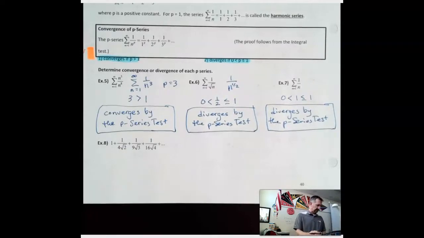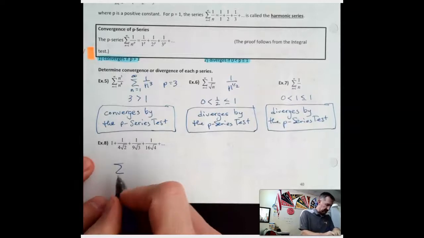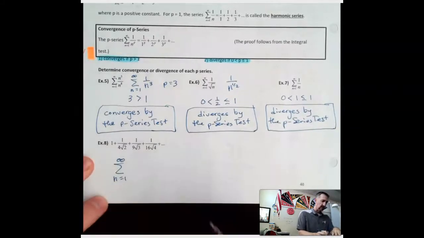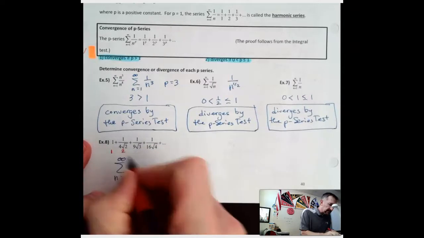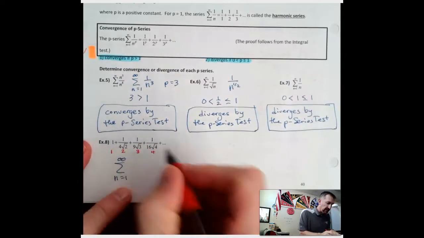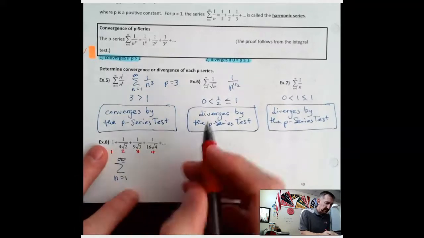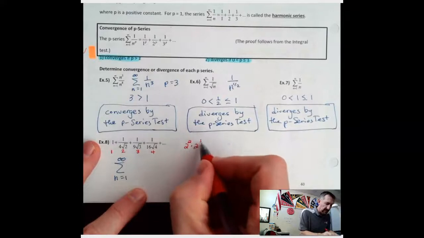So now we have to figure out what is going on here. I'm going to be able to rewrite this as a sum, n equals 1 to infinity. If we look, this is the first term, this is the second term, third term, fourth term. As I compare that, it's pretty clear that that's 2 squared times 2 to the 1/2.